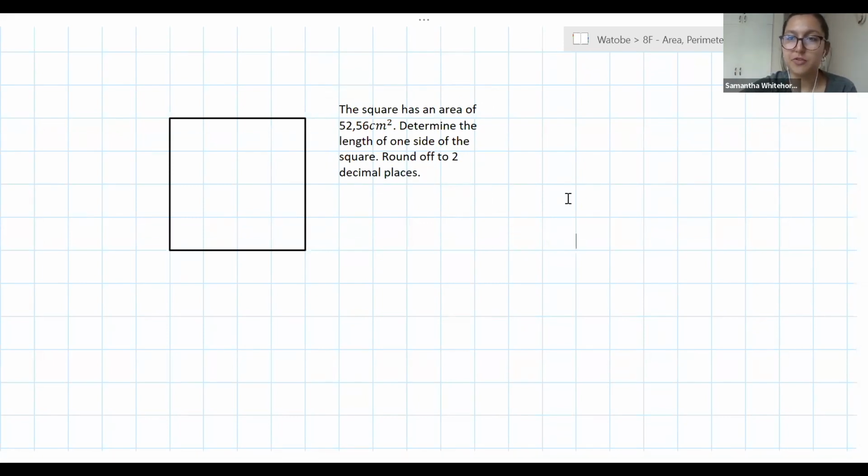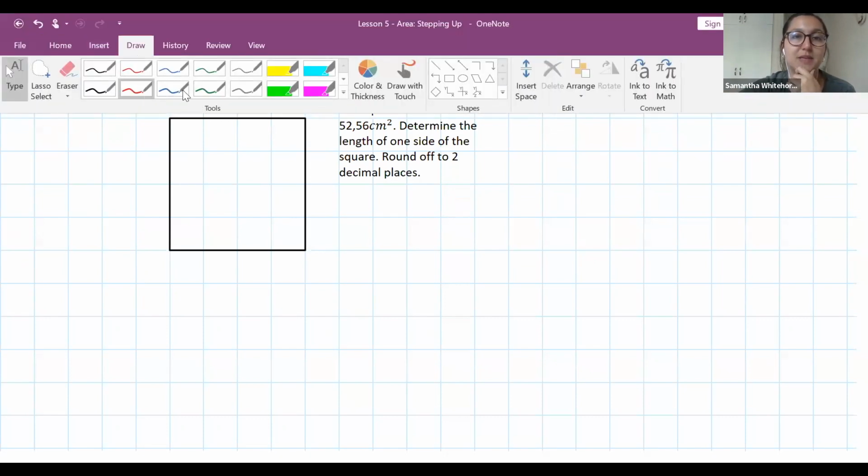And then if you have an answer, you are welcome to put it in the chat, or you can raise your hand so that we can hear how we can solve this problem. Remember, guys, I'm looking for a length, so my units will just be in centimeters.